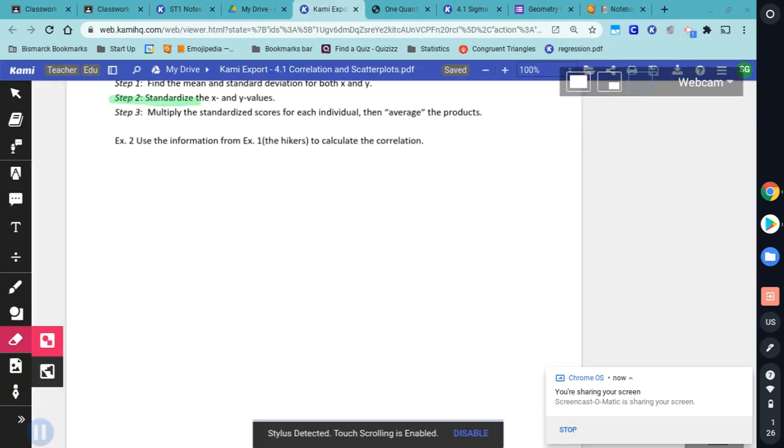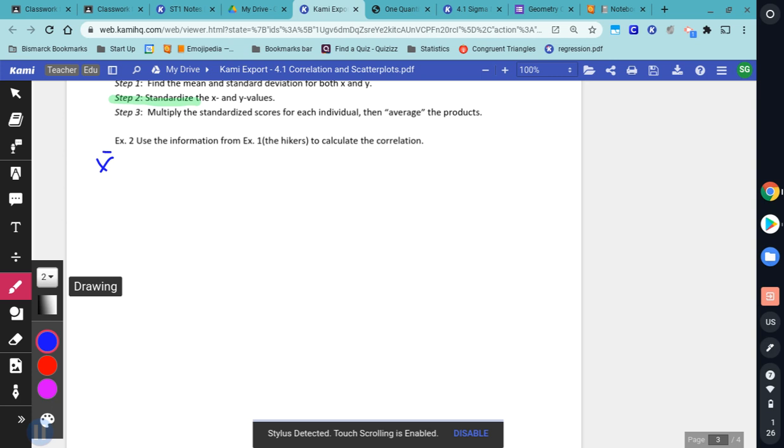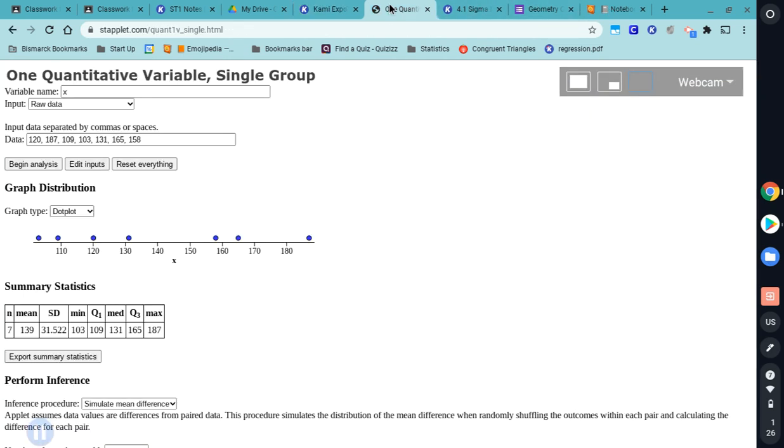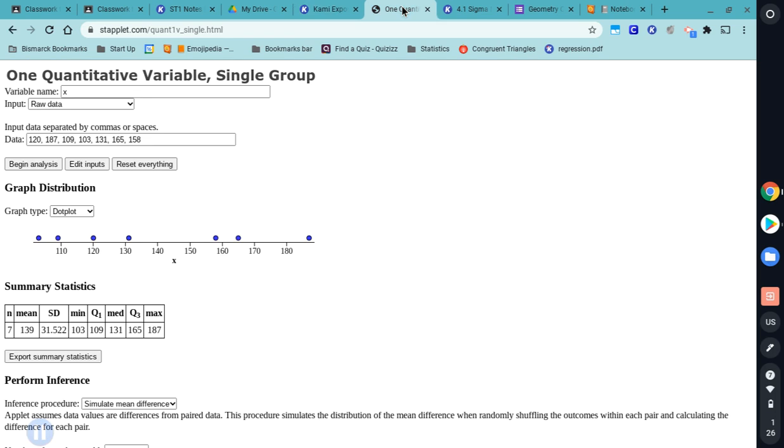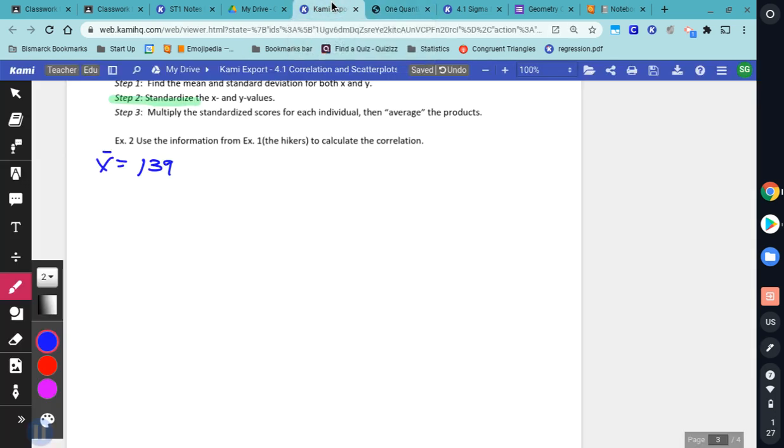Okay, so x bar was 139. And standard deviation was 31.5. Okay, repeat that process for the y's.